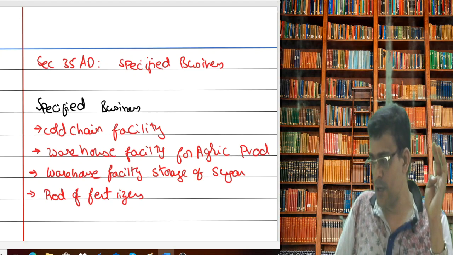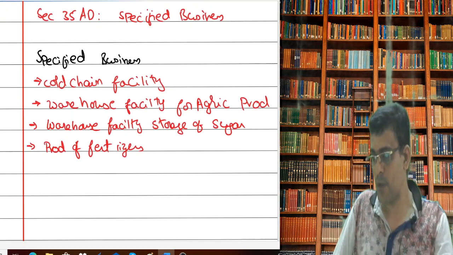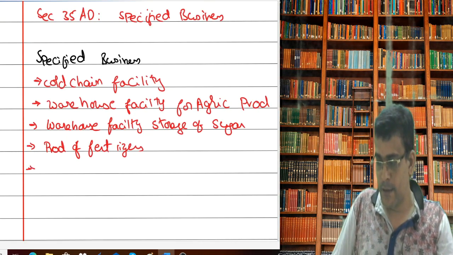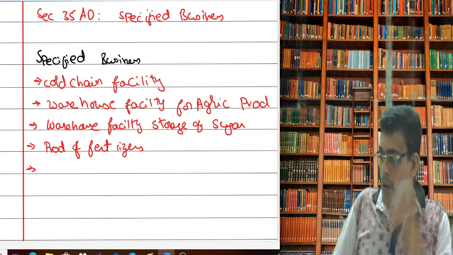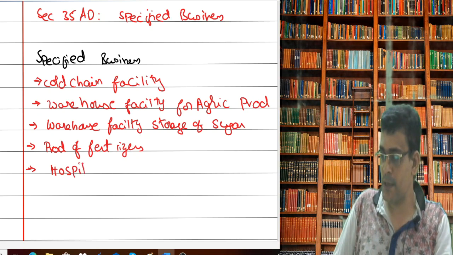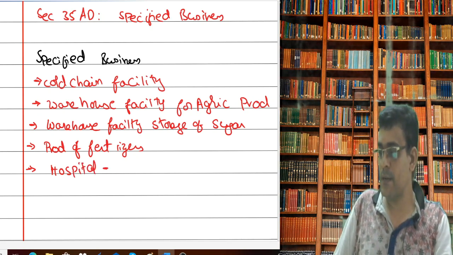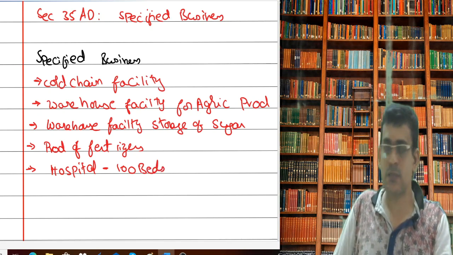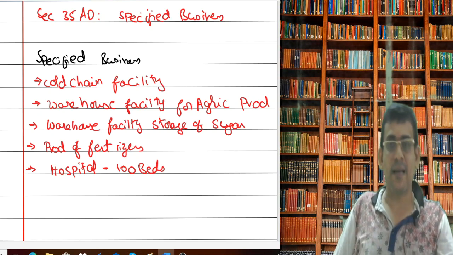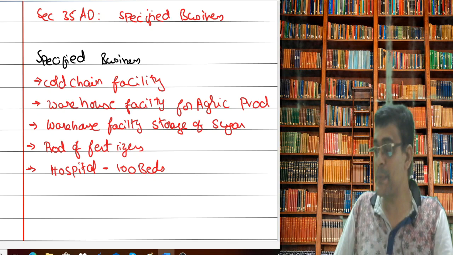Then comes hospitals and hotels. Any person who is running a hospital, if the hospital has minimum 100 beds, not maximum, minimum.